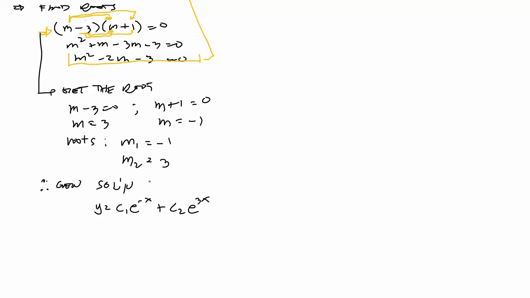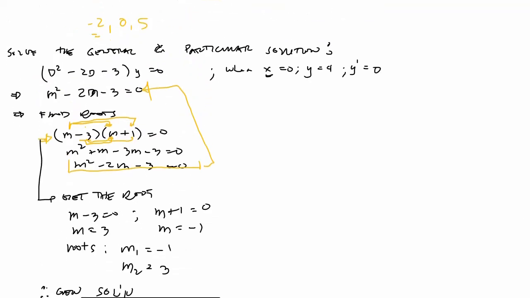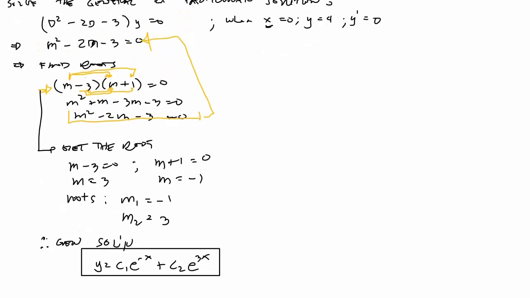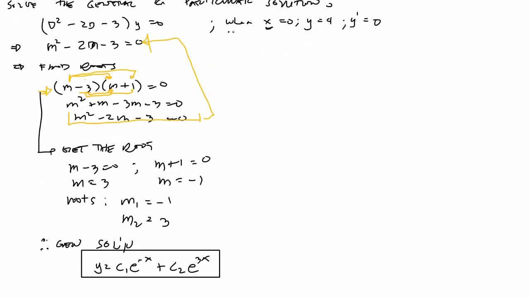Okay? So now, after getting the general solution, we still need to find the particular solution, given that when x is equal to 0, y is equal to 4 and y prime is equal to 0.